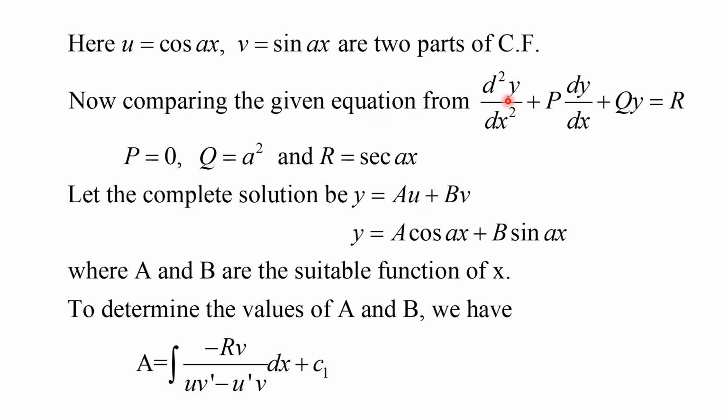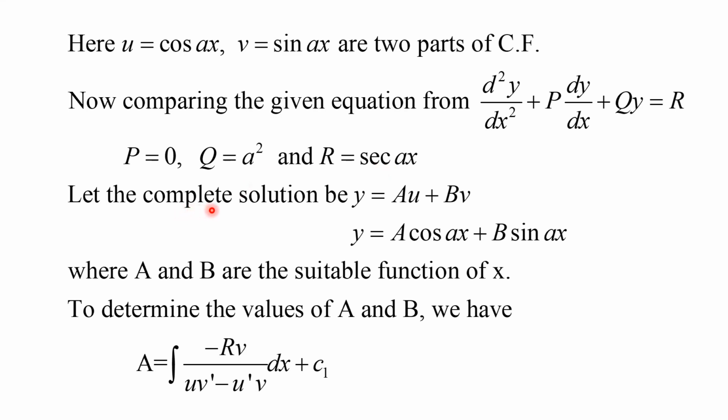So standard form of equation is d2y upon dx square plus p dy by dx plus qy is equals to r. So after comparison, p is equals to 0, q is equals to a square and r is equals to sec ax.